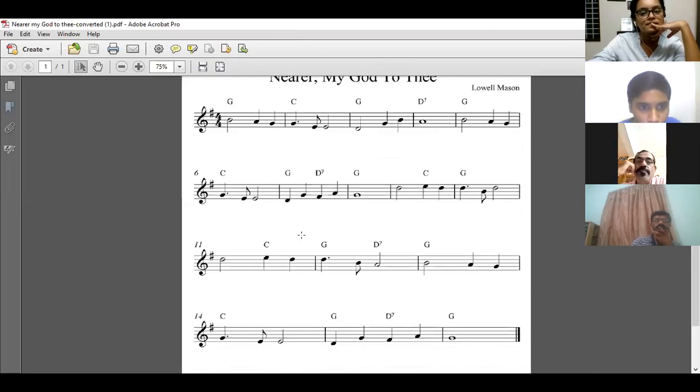So F sharp. Find how many Fs are there in the song. Just count first. Any answers?